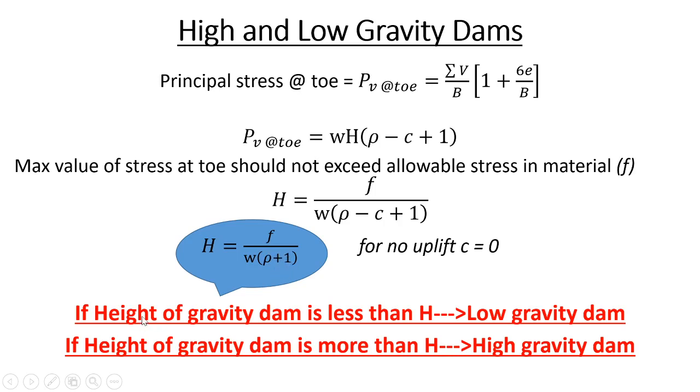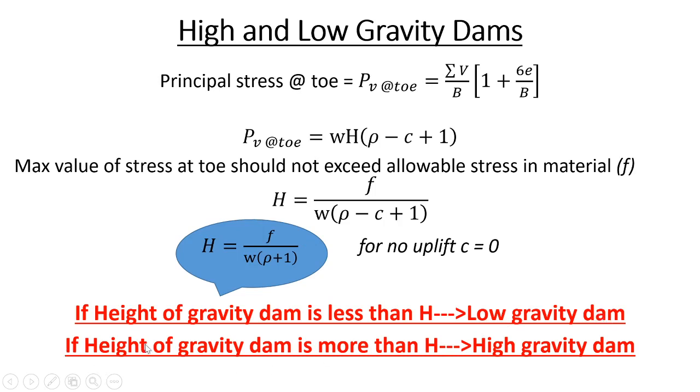Now, based on this equation, we will divide dams into high and low gravity dams. If the height of the gravity dam constructed at a site is less than this value, then that dam is called a low gravity dam.